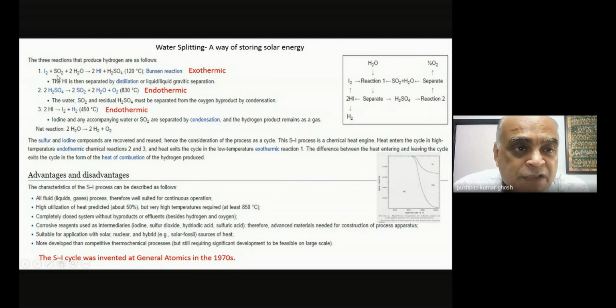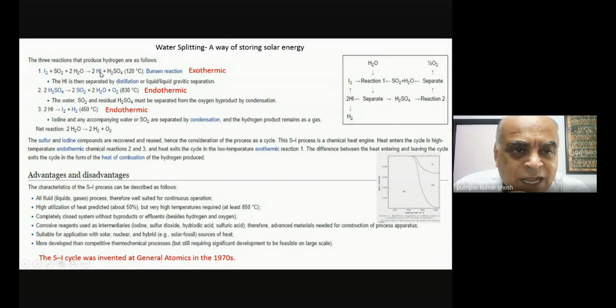Now, if you balance out all these equations and just add them, for example here I'm getting 2 SO2, and over here I am getting 1 SO2, so I have to multiply this by 2. So I'll write 2I2 plus 2 SO2 plus 4 H2O, giving you 4 HI plus 2 H2SO4.